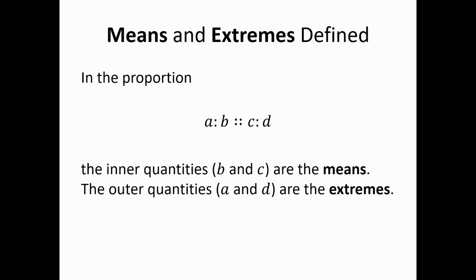But that can always be translated into what is perhaps the more familiar form with the equal sign and the fraction bar. A little bit of terminology that will be important to us when we begin in the next section to prove geometrical theorems. In the proportion A colon B double colon C colon D, that is A over B is equal to C over D, the B and the C are called the means, and the A and the D are called the extremes.